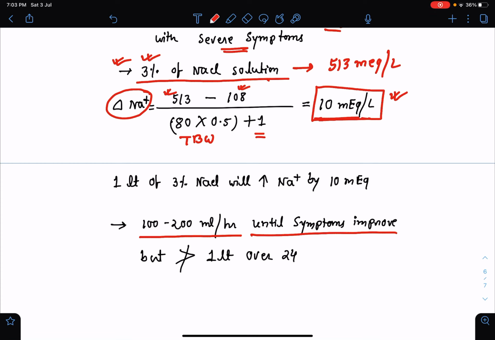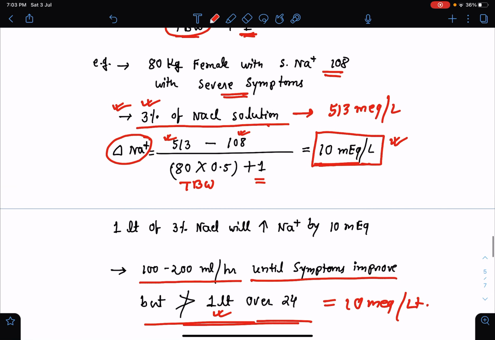But we should remember that we should not be using more than 1 liter of 3% NaCl solution over 24 hours, because otherwise it will be an overcorrection, as we already know that 1 liter of fluid will correct 10 milliequivalent per liter. Okay, since we don't want to overcorrect, we can limit the use of 3% NaCl to 1 liter over a 24-hour period for this particular case.